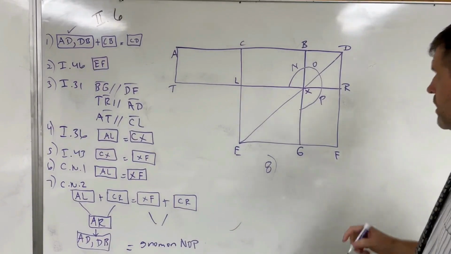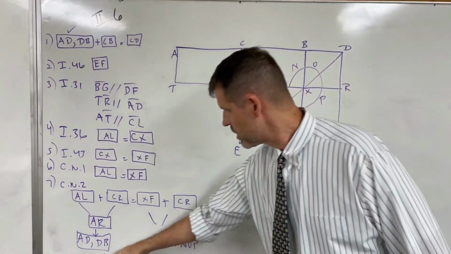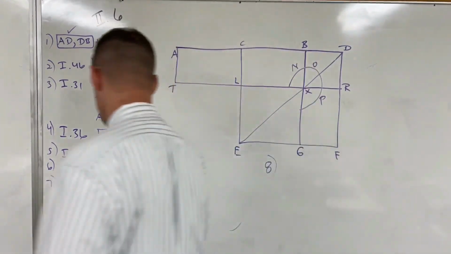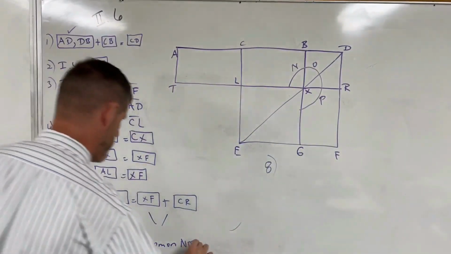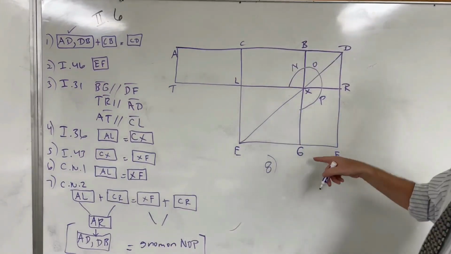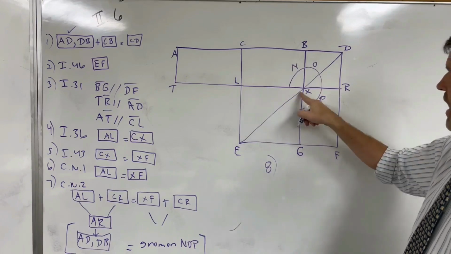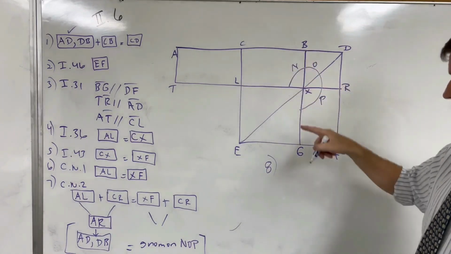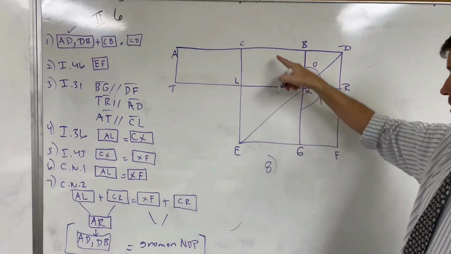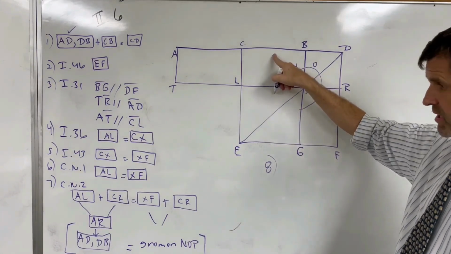Now, step 8, what we're going to do is add LG, the figure LG, to both sides of this part of step 7. Now, it's noteworthy that LG is a square and LX is equal to CB, so effectively LG is the square on CB.